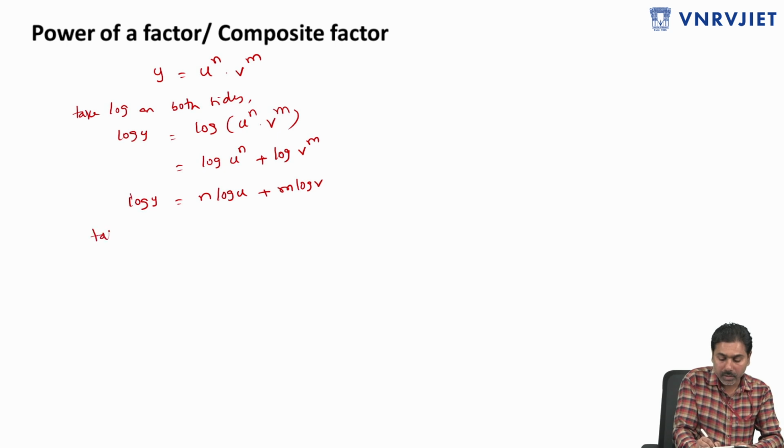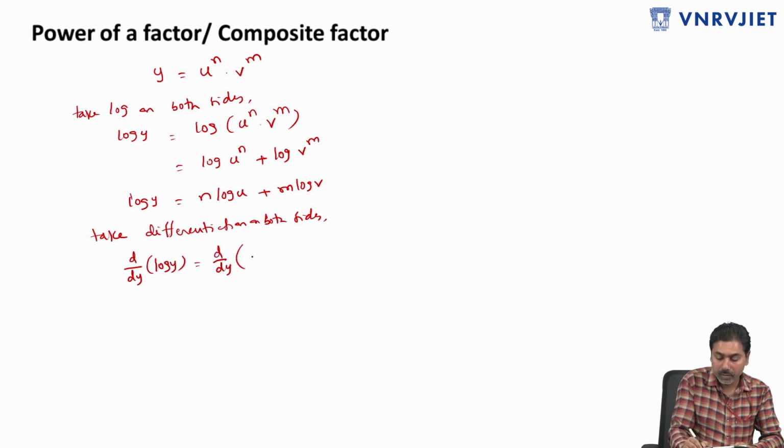Now take the differentiation on both sides. We get d by dy of log y is equal to d by dy of n log u plus m log v.